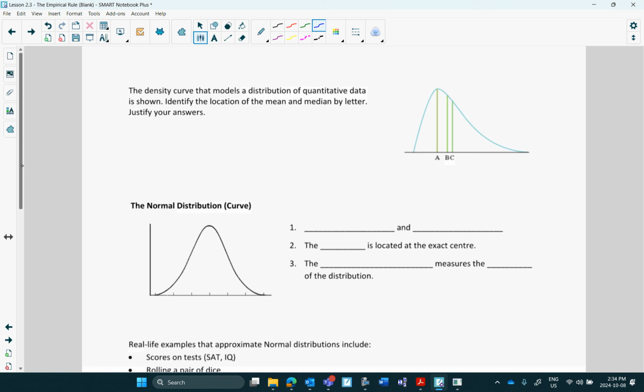B. And then C would be the mean. Because it's not at the peak because of the right skew, that automatically eliminates A for both of them. The median gets pulled a little less to the right than the mean.